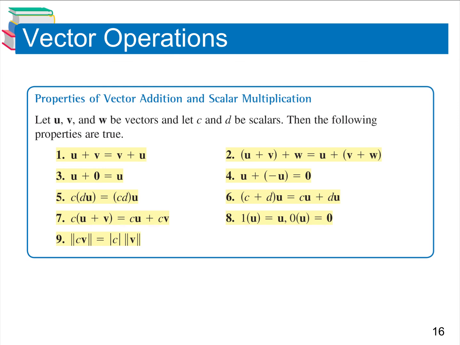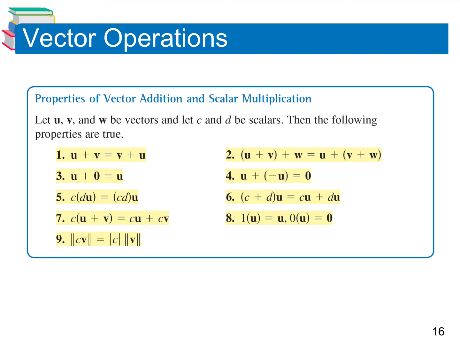If you are taking the magnitude of a vector times a scalar, you can separate them, find the magnitude first, and then multiply it. This one, you can change the order when adding, so you can add these 2 first, or you can add these 2 first. Doesn't matter when adding. If you add a vector and subtract it from the same vector, you get 0. Same thing when multiplying by 2 numbers added together, you could distribute. And if you multiply a vector by 1, you get the same vector. If you multiply a vector by a scalar of 0, you get 0.